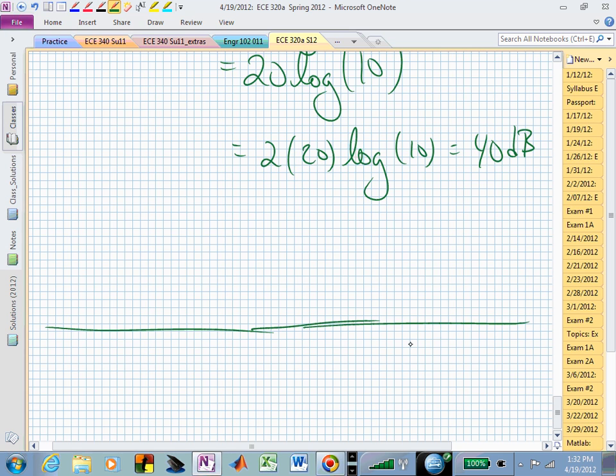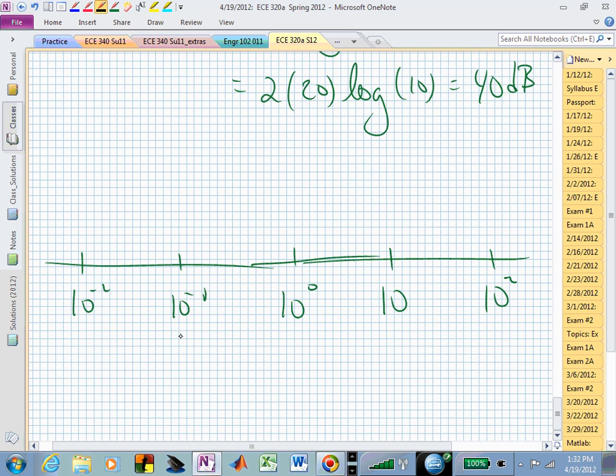Whoops, that's my axis. So let's say that this is now 10 to the minus 2, 10 to the minus 1, 10 to the 0, 10, and 100. And I have my 0 dB. That's my 0 at the origin.